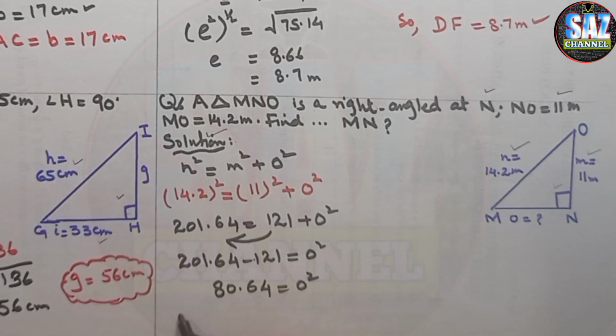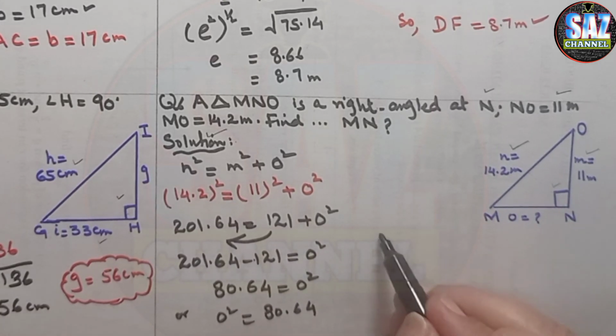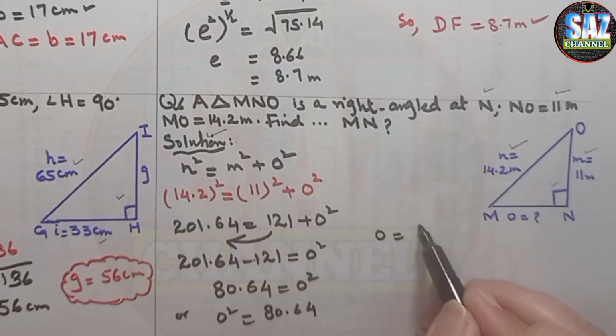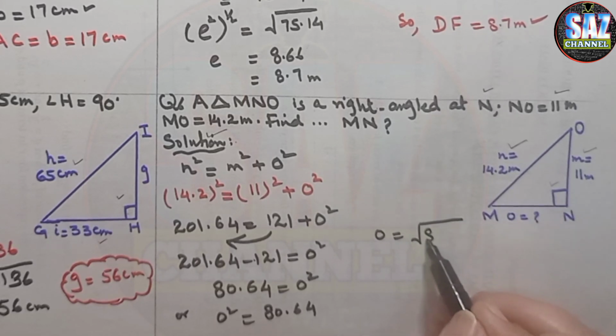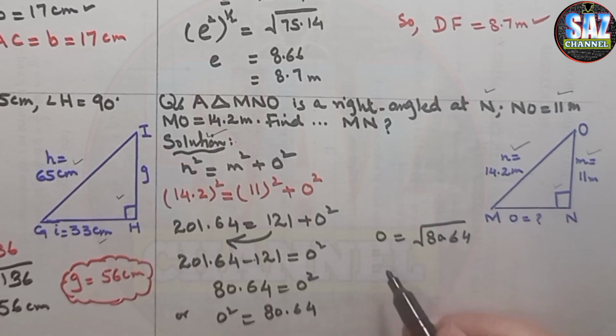And now I have to take the square root of this number. o equals to square root 80.64, and when I'm taking the square root of this number, it becomes 8.97.